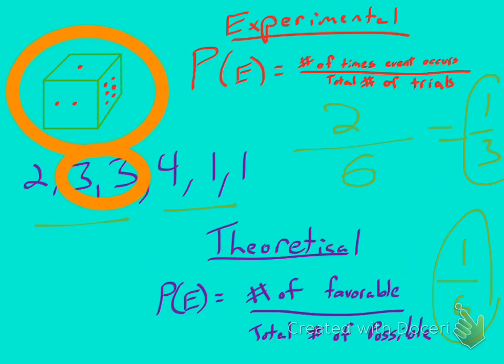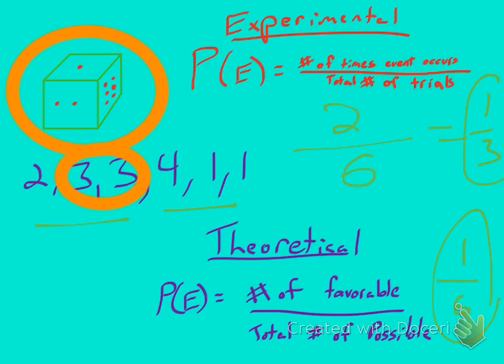They're not always the same. And they never will be always the same. But they'll sometimes match up. Here's the theory behind theoretical and experimental. See how I did that? Experimental is actually doing the experiment and recording data.